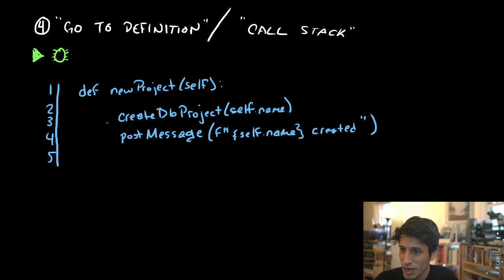Most IDEs that are more advanced let you right click on something. You right click on something and it'll open a little pop-up menu. And one of the options in this little pop-up menu will be a thing called Go to Definition.